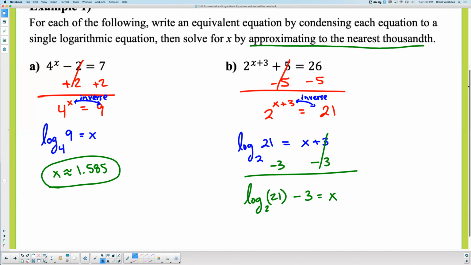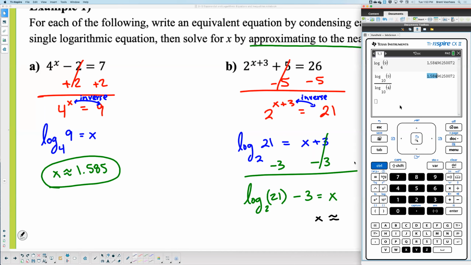Let's go approximate this. So let's go to our calculator and see what this is when we round it to the nearest thousandth. So log base 2 of 21 minus 3 on the outside. What's another way you could have typed in log base 2 of 21? Log 21 divided by log 2. You could do it either way. And there's our values.